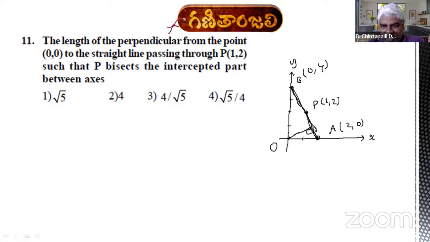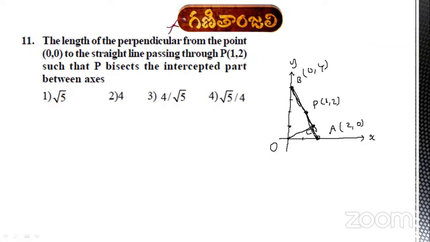If you don't understand the question properly, we may find the distance from 0, 0 to 1, 2. But it's not correct.